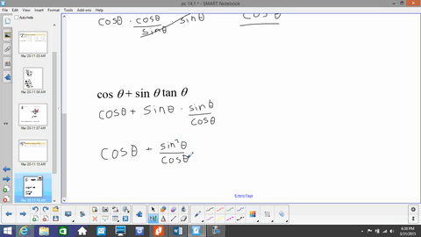Well, I've got things that are being added together and they're fractions. And remember, whenever you're adding fractions, you have to get a common denominator. So what I'm really doing is multiplying that by cosine over cosine. And of course, that would be over 1. So I'm going to get cosine squared over cosine.